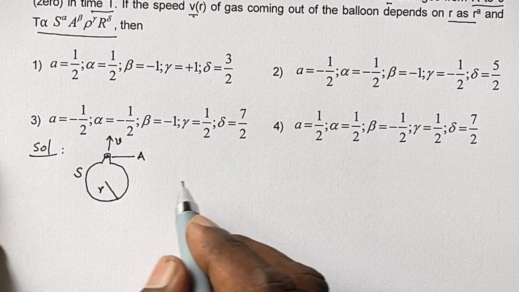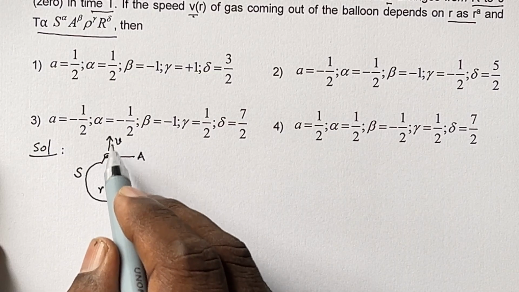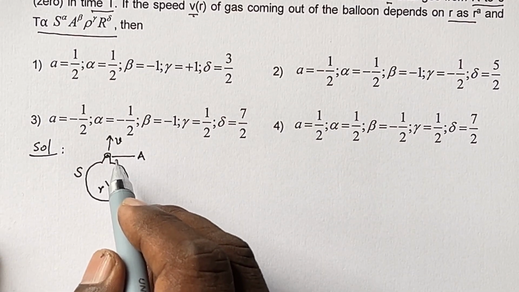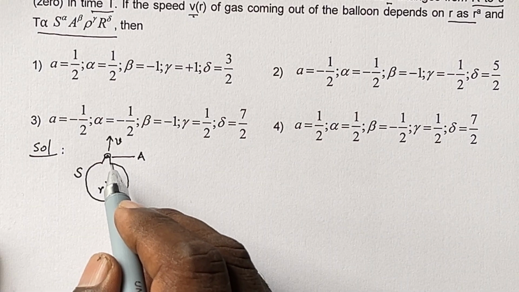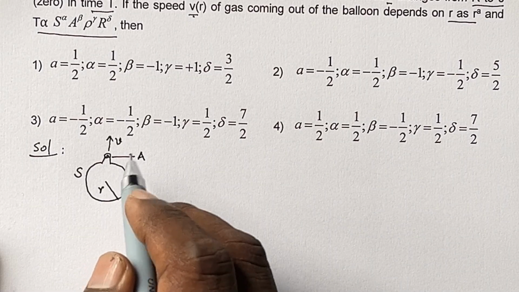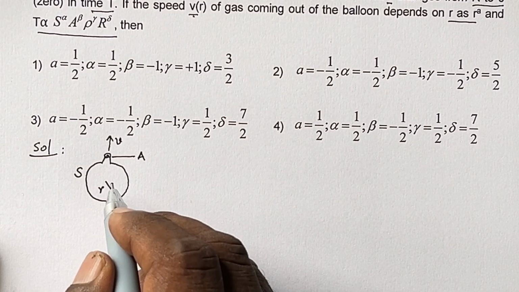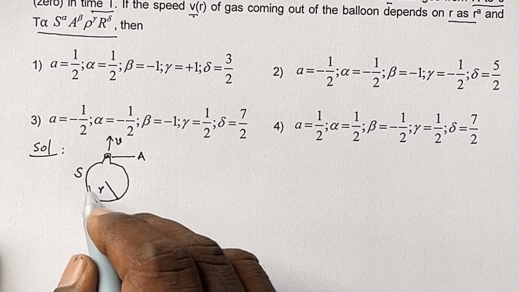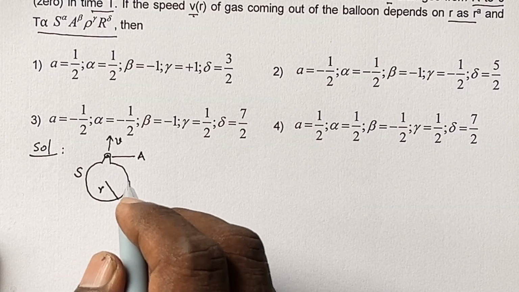So what we know is, why is gas coming out with some velocity? According to the law of conservation of energy, energy can neither be created nor destroyed. So some kind of energy will be there in the beginning, that is pressure energy, because of the air filled in the balloon.